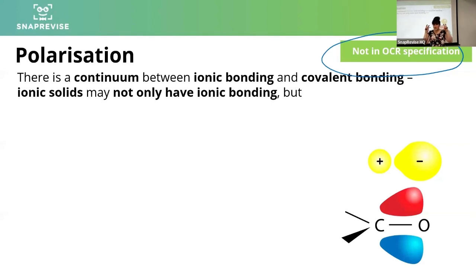So there's what we call a continuum or a spectrum. We love talking about spectrums because most of the time you can't put things in two boxes. It is a spectrum, and this is one of them. So ionic solids may not only have ionic bonding, but they may also have covalent bonding. There might be some covalent character to their bonds.